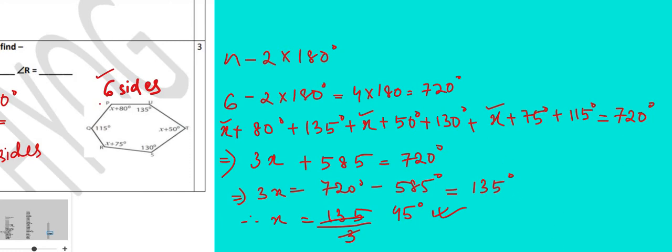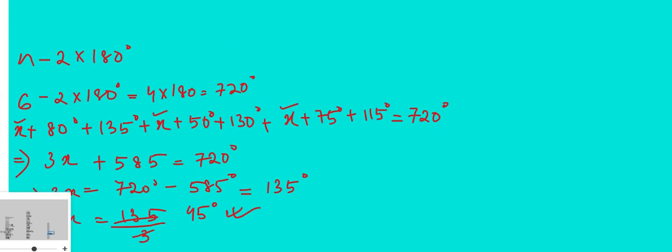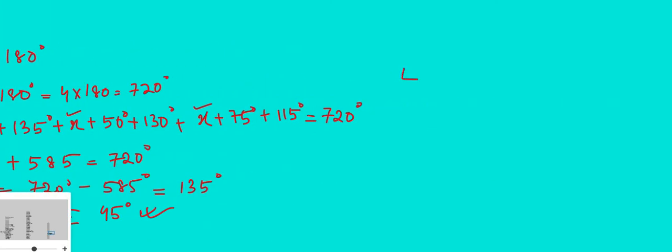So for angle P, the value is x plus 80 degrees. x's value is 45, so 45 plus 80 gives us 125 degrees.